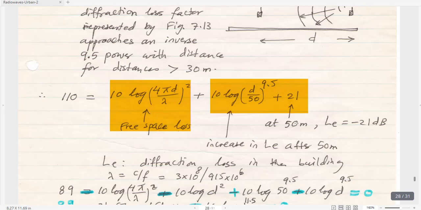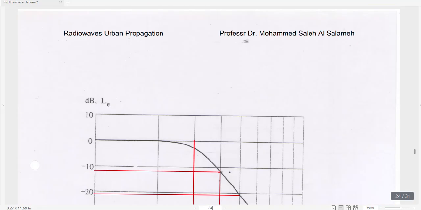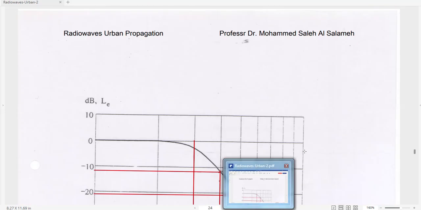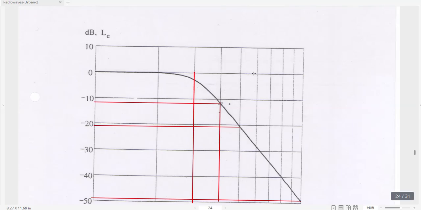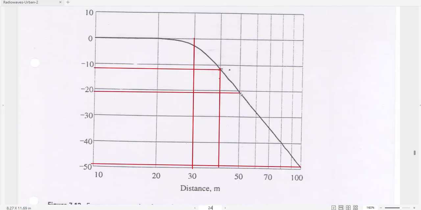Here at 50 meter it is 21 dB. After the 50 meter, as you can see here, we'll go back to the figure to show you that after 50 meters the curve is linear.